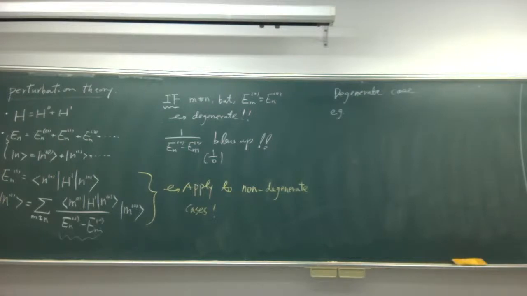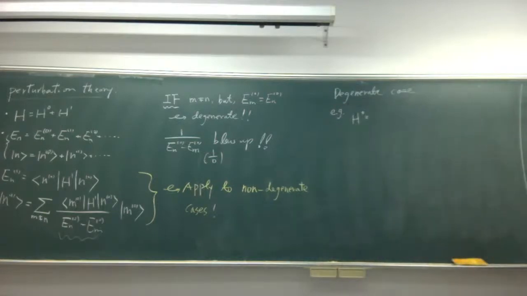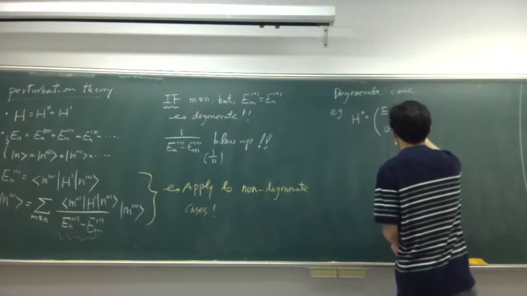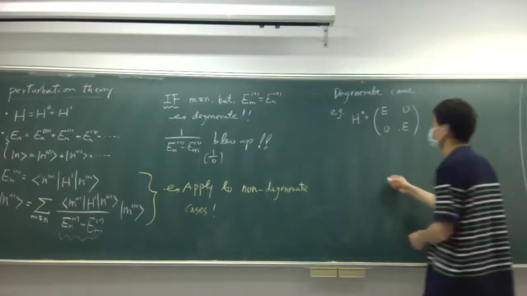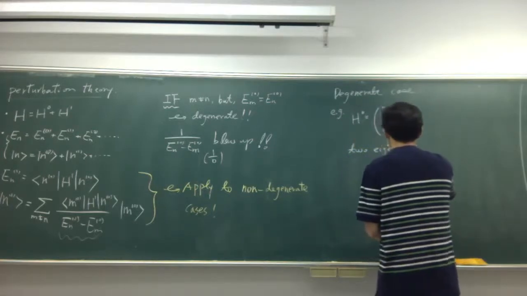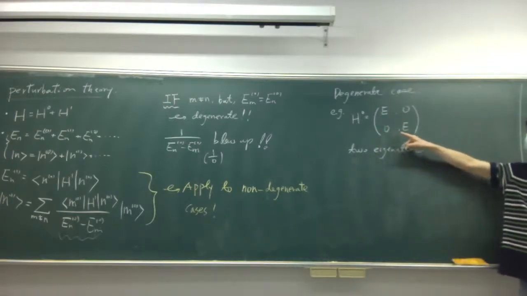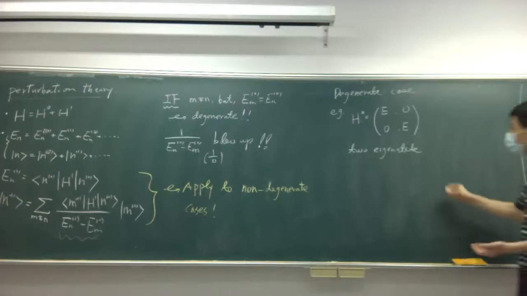For example, I have the H naught, the Hamiltonian, which is E and E. Because this matrix is already diagonal, I can immediately see that I have two eigenstates.